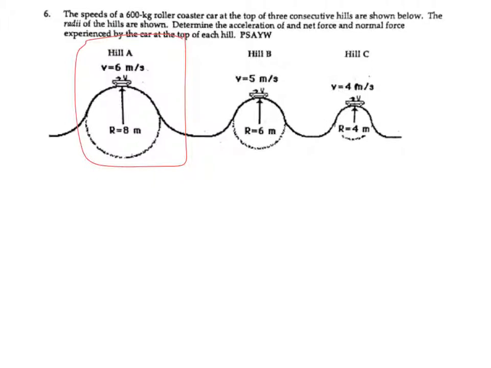Okay, so the first thing it asks us to find is acceleration. Remember that acceleration for an object moving in a circle is equal to v squared over r. So we're going to plug in our v of 6 and our r of 8. So we've got 6 squared, which is 36, divided by 8.